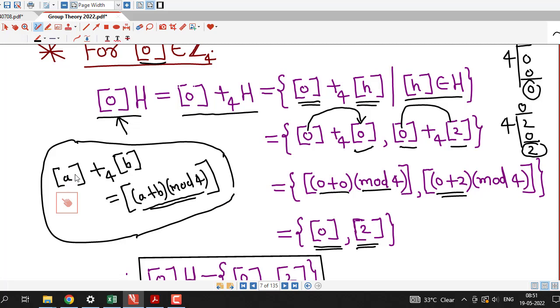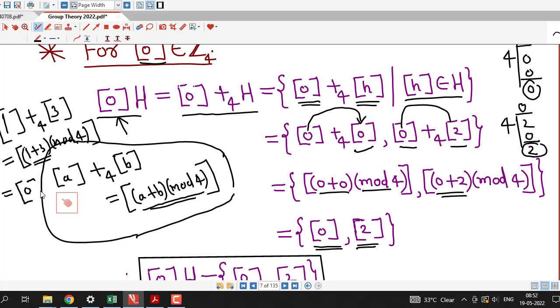If I take, for example, 1 addition modulo 4 with 3, then I have to write down the remainder when 1 plus 3 is divided by 4. So 1 plus 3 modulo 4: 1 plus 3 is 4, and the remainder when 4 is divided by 4 is 0. So this operation gives me the equivalence class generated by 0.